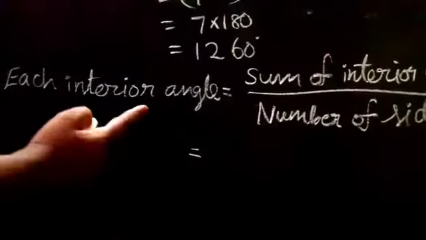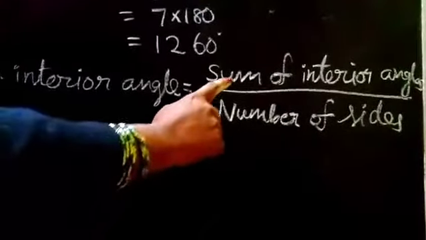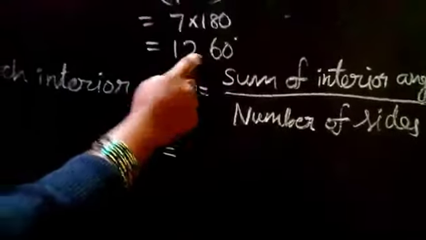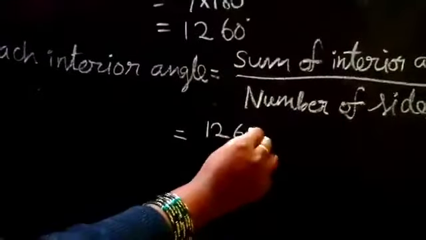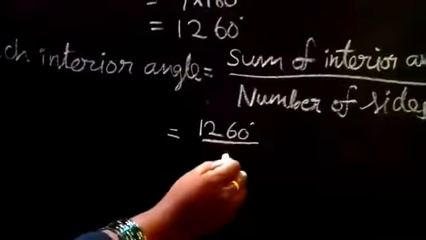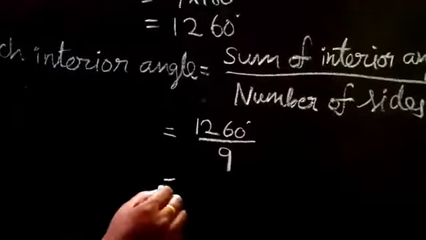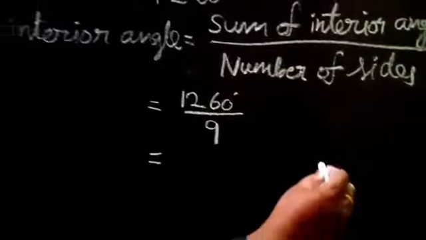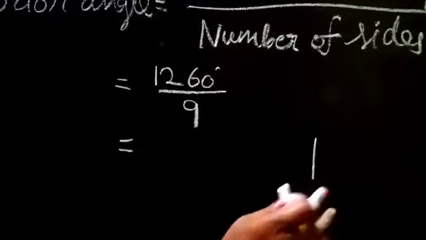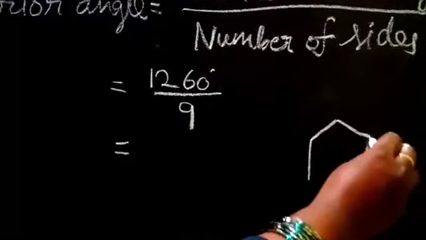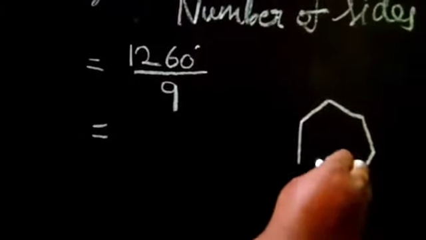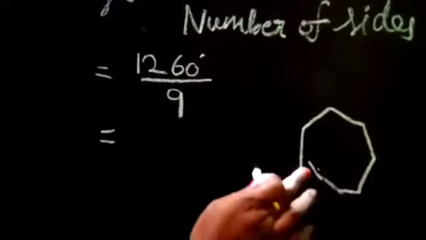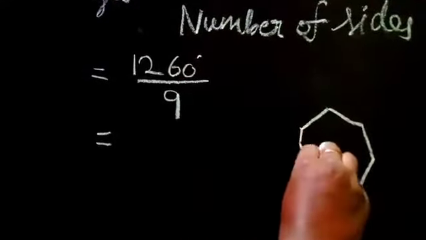Each interior angle equal to the formula is sum of interior angles divided by number of sides. Sum of interior angles we got 1260, divided by number of sides, how much it is, 9. So when we divide this one we'll get the interior angle. Suppose now 9 sides. Suppose like this, 1, 2, 3, 4, 5, 6, 7, 8 and 9, like this it is there.